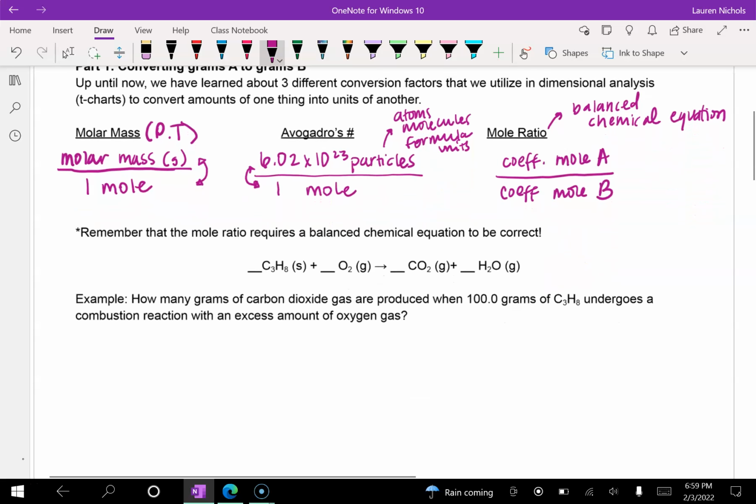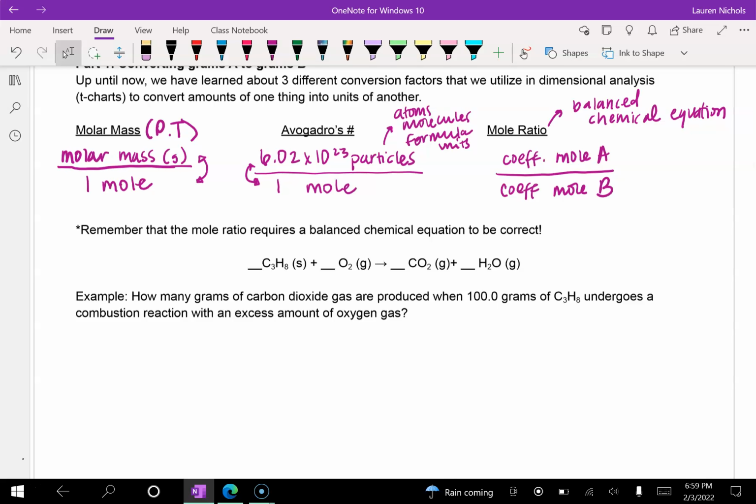So keeping that in mind, if, for example, you have this equation, it is not balanced, so you have to balance it. So remember, we keep track of how many elements we have on each side. The left side of the equation is the reactants, and the right side of the equation is the products.